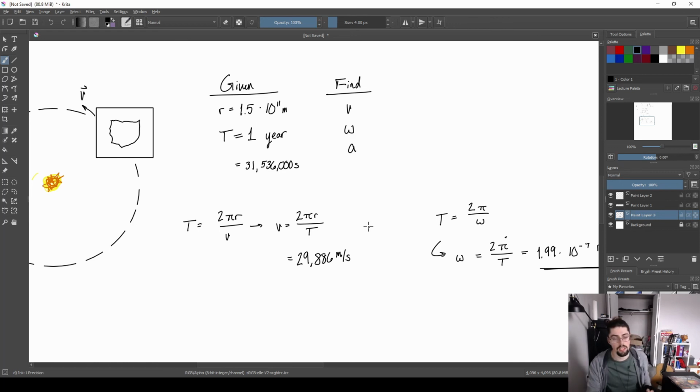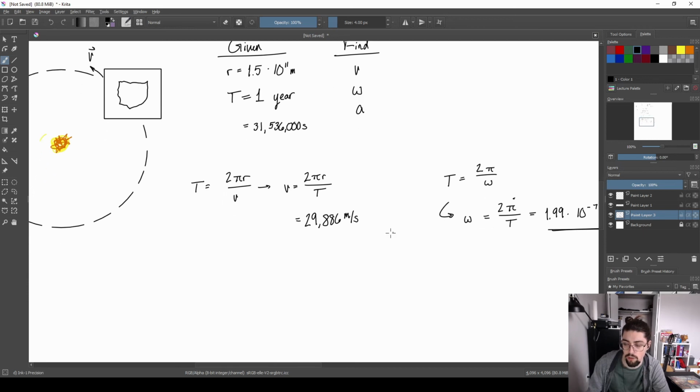T is always a time value because it is specifically an amount of time to complete one full rotation. So whether that's a year, a day, or seconds, whatever value it's in, it is always specifically a time. The other way that I could have done this is I could have taken this value omega that I just found, and said v is equal to r times omega, and that would have gotten me the exact same value.